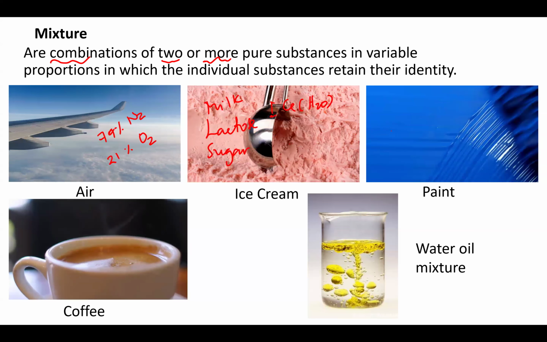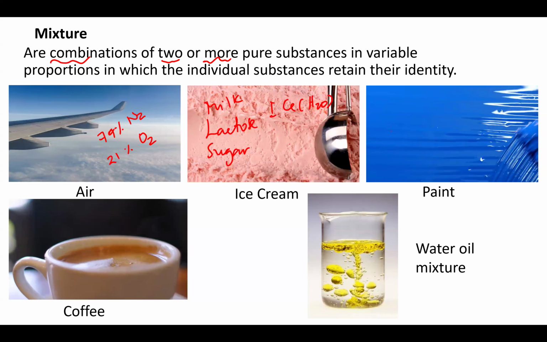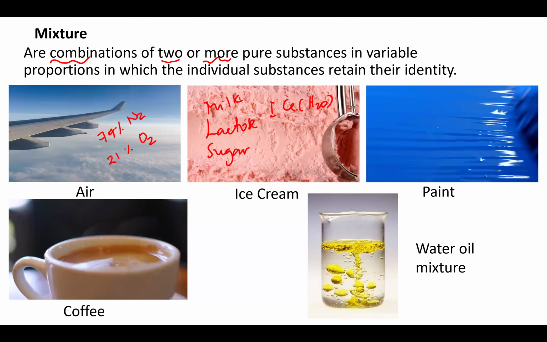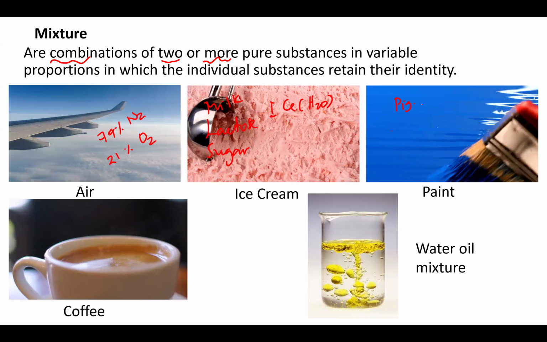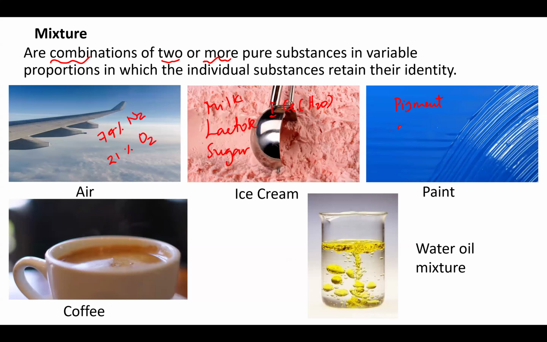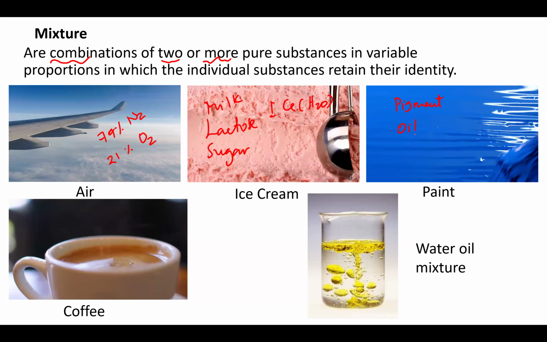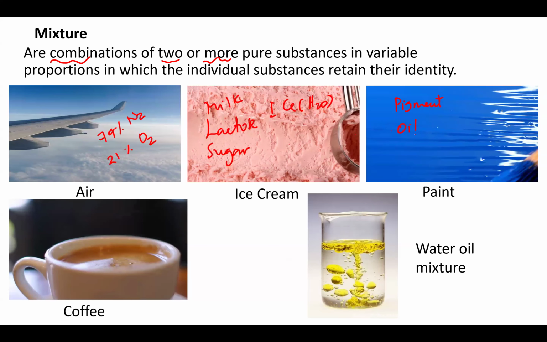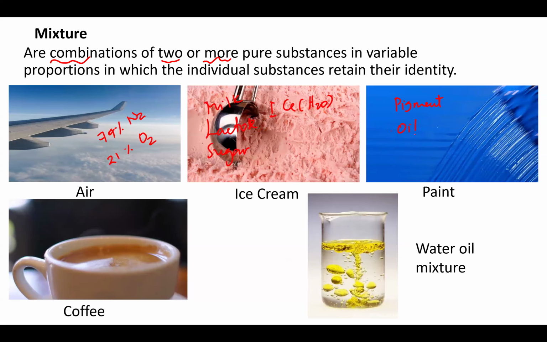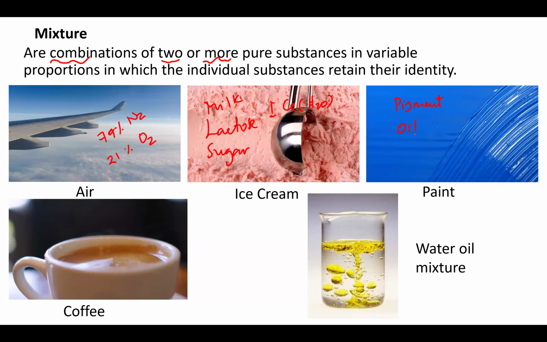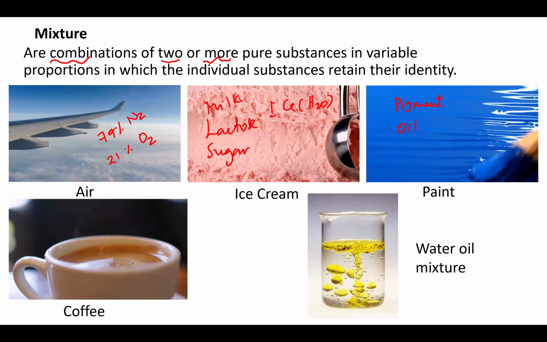Yes, true. For example, paint. Paint is also a mixture because it's a mixture of pigment for coloring. There is oil in there also, and etc. What about coffee? Why is coffee a mixture substance?